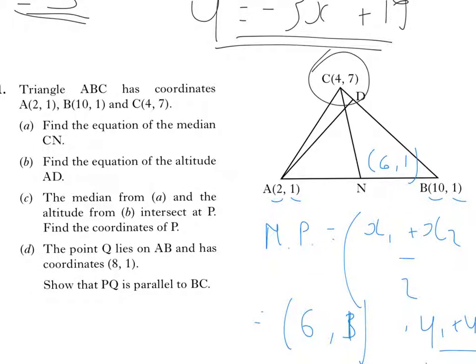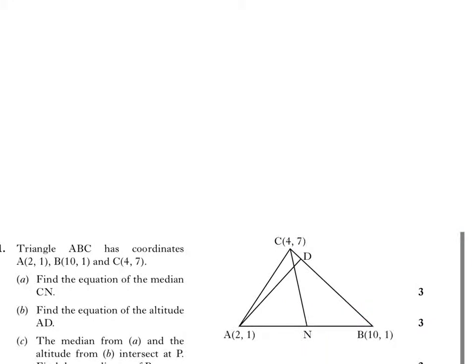So this is going to be a bit of m1 m2 equals minus 1. So to find the gradient here, I'm going to first of all find the gradient of CB. So that's m equals 1 minus 7 over 10 minus 4.